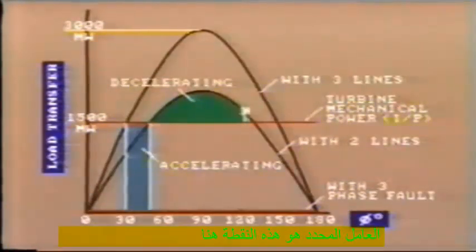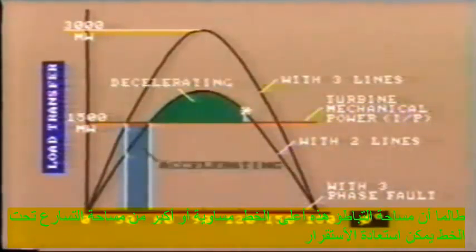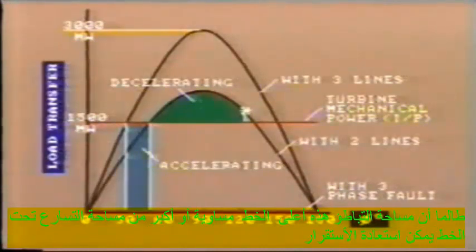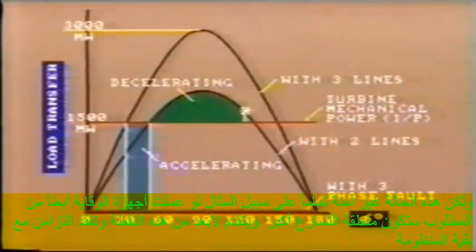They appear to be equal. The limiting factor is this point here. As long as this decelerating area above the line is equal to or greater than the accelerating area below, then stability will be restored. However, this condition is extremely vulnerable.